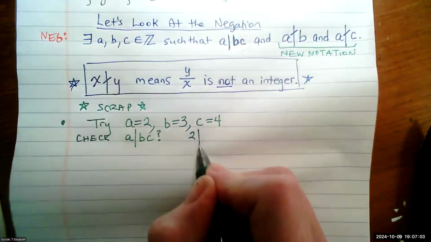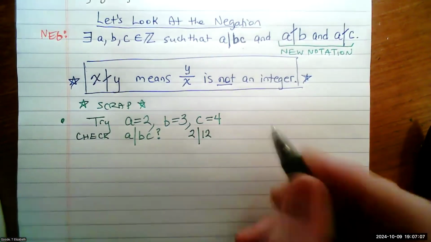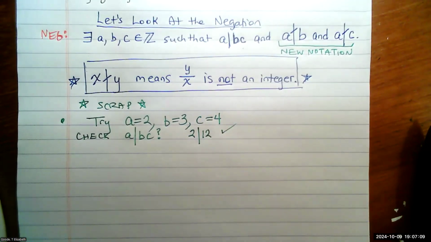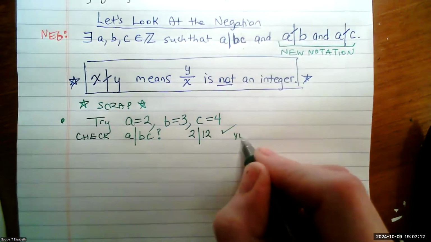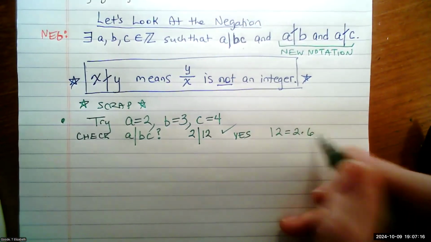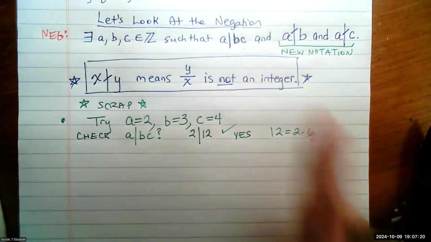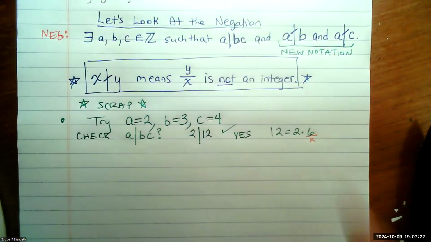Does 2 divide 3 times 4, which is 12? Yep, it does, right? Because 12 is equal to 2 times 6. You know, 6 is our K. So far, so good. A divides B times C.